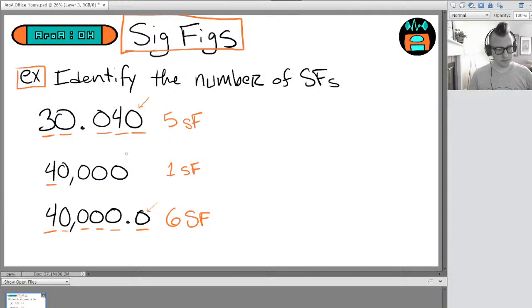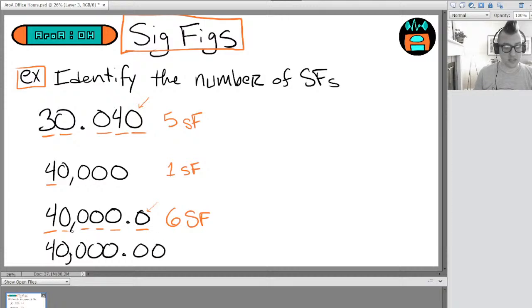Right now, I have a question for you. So we see that you could write 40,000 with 1 sig fig, and 40,000.0, which still has a value equal to 40,000, has 6 significant figures. And we could tack on any number of zeros to the end, right? We could do 40,000.00, and this would have 7 significant figures because we've got our 0 at the end to the right of the decimal, and our 4 making the remaining zeros in between all significant, right?